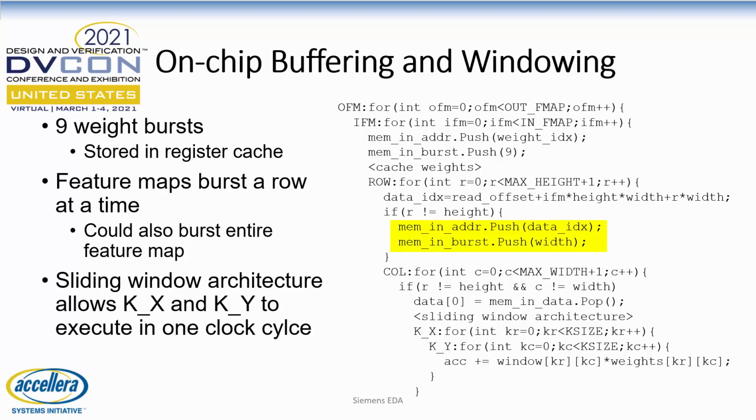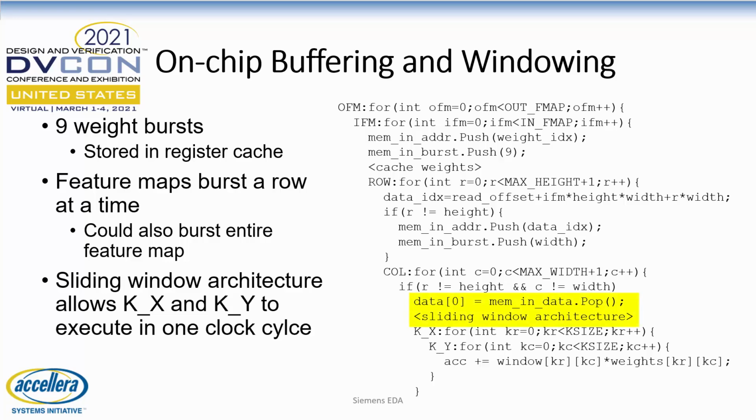The feature maps are then burst a row at a time, where the burst size is set by the configuration parameter width. It should be mentioned that it is possible to burst an entire feature map in one go, but this would consume more of the bus bandwidth, locking out other bus transactions.